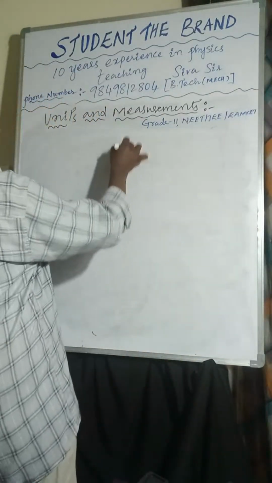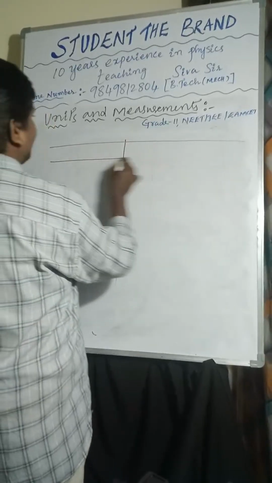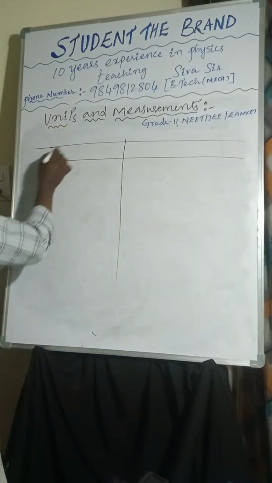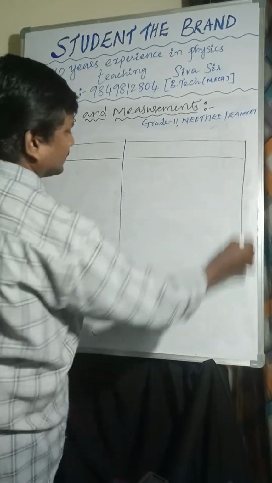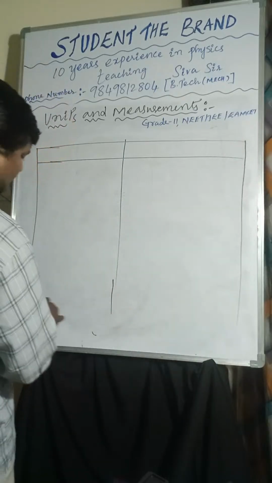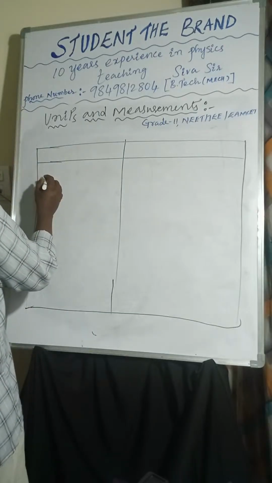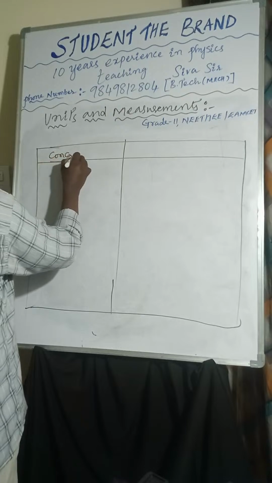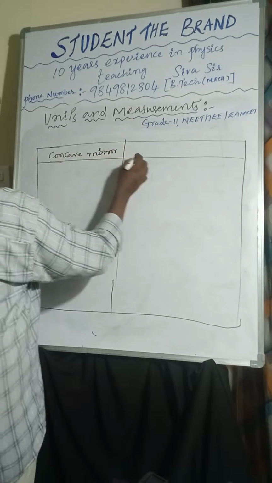So here you can see, I'm taking a concave and a convex mirror like this. Here you can observe, I'm considering the concave mirror, and here the convex mirror.